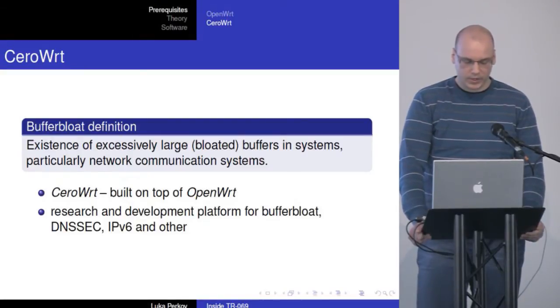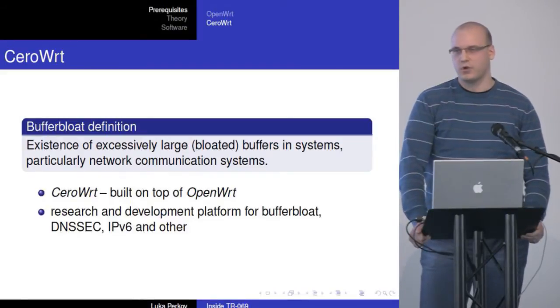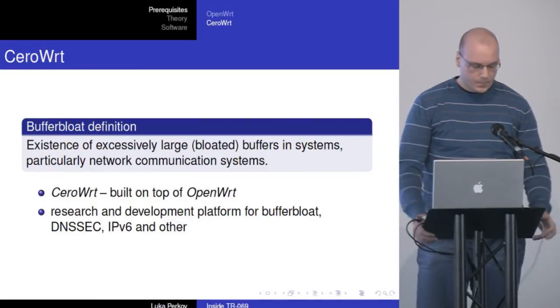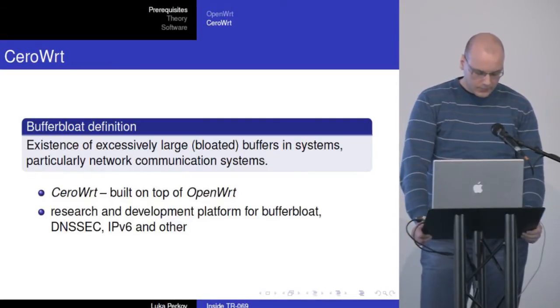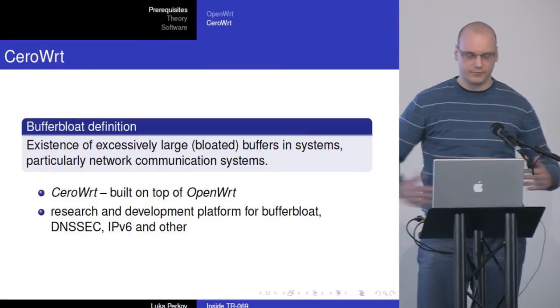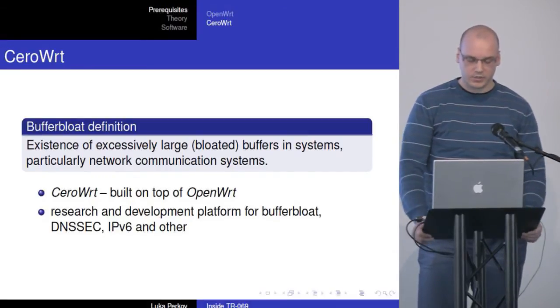So, for example, we have CeroWRT. It's an OpenWRT fork, and at the moment it deals mostly with the bufferbloat issue, which has become known in the last few years because the buffers in routers are getting bigger, and when they fill up you sometimes have a laggy internet connection.